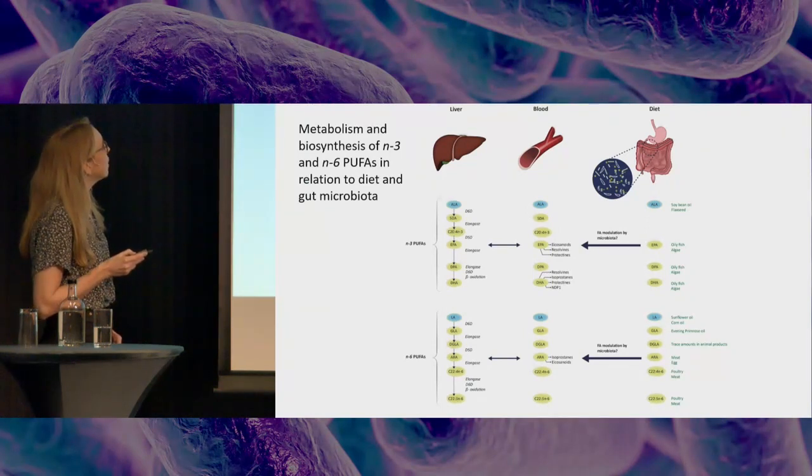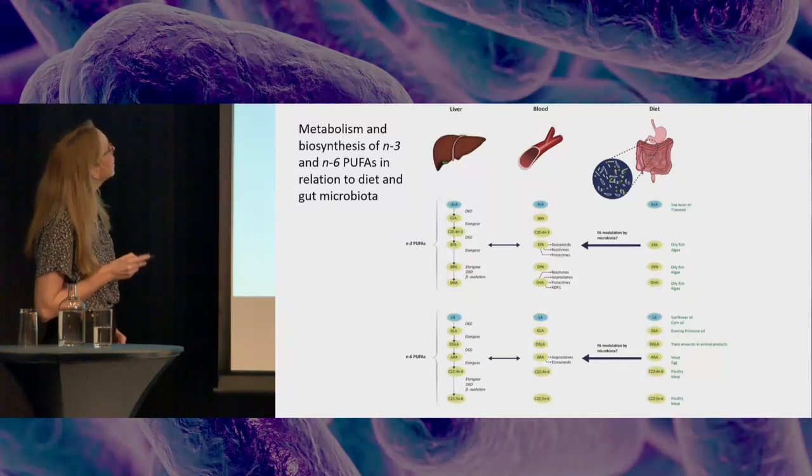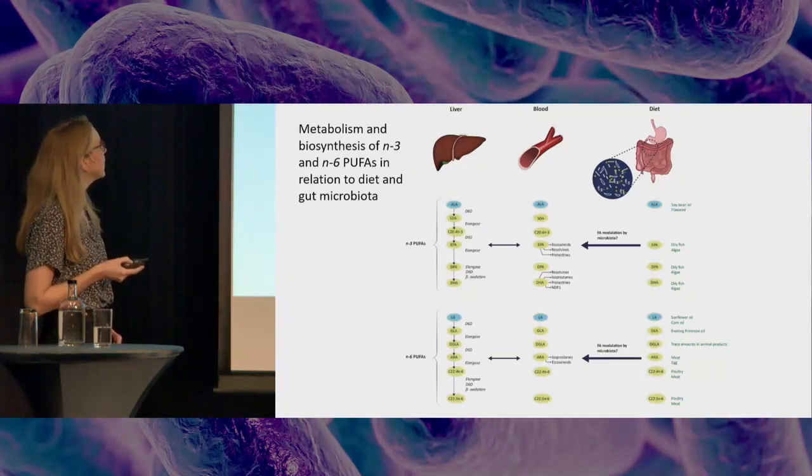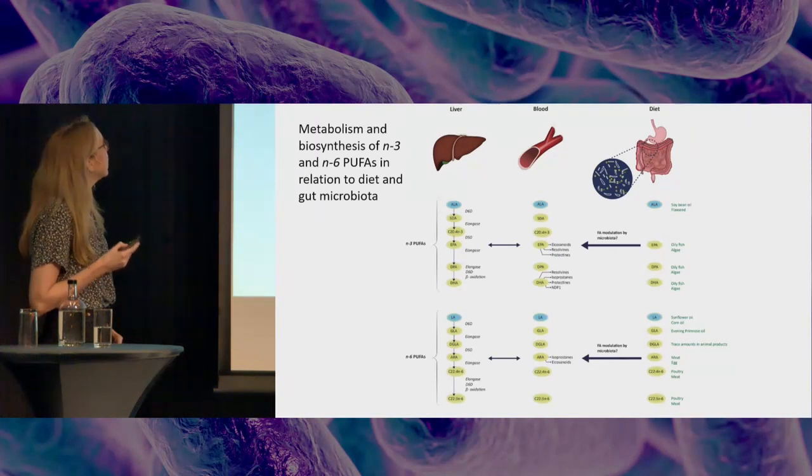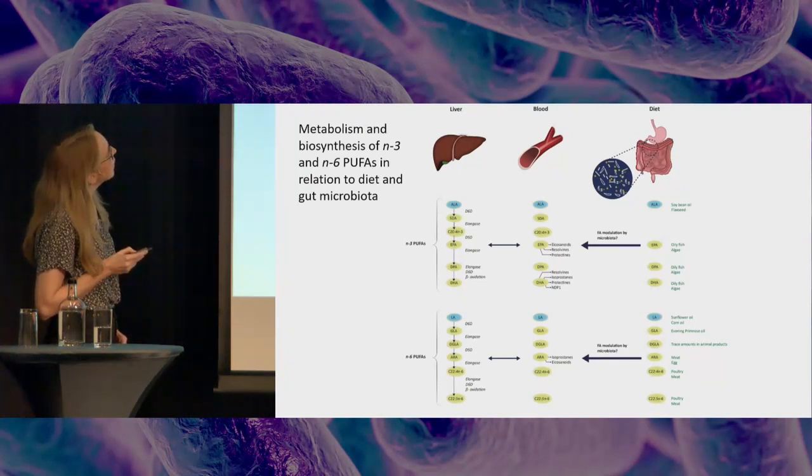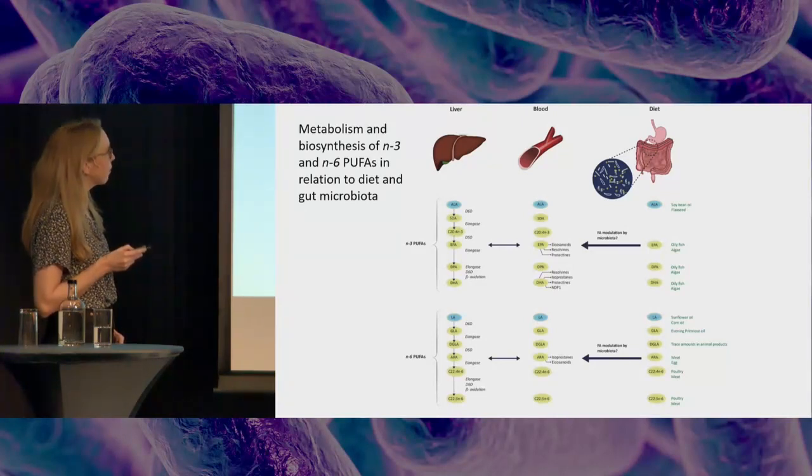The blue ones are the essential fatty acids, which are only obtained by diet. The yellow-green circles are the non-essential fatty acids, which are mainly synthesized in the liver, but in limited amounts. And here we have highlighted where we think the microbiota might play a role.